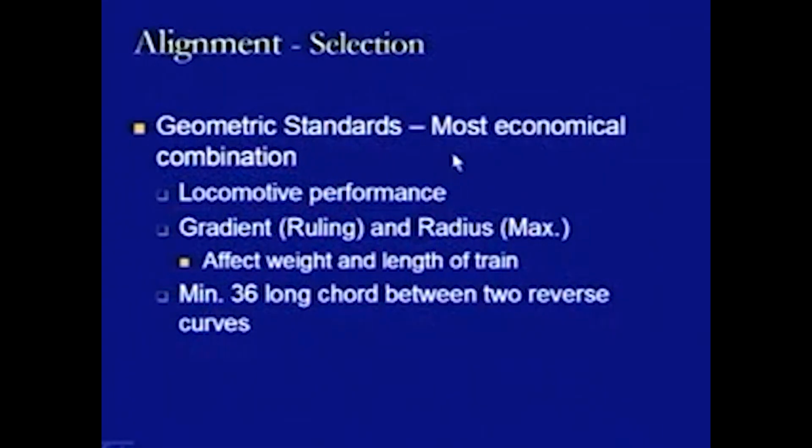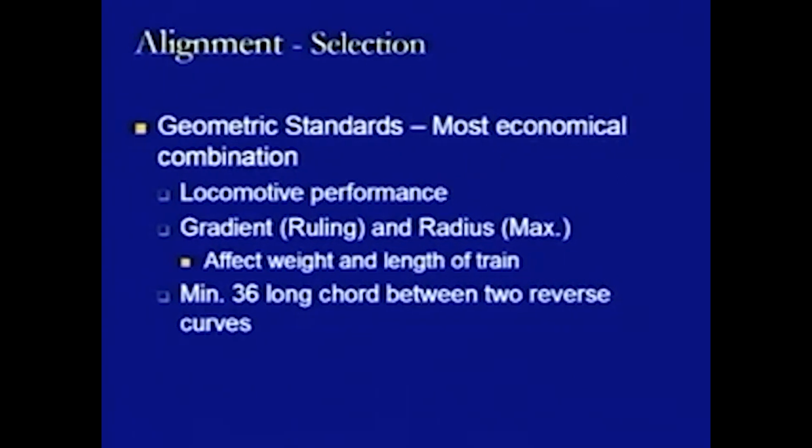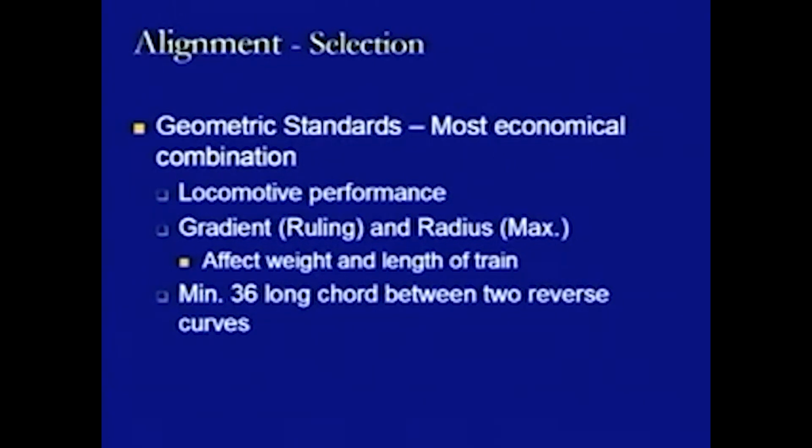Another point is the type of geometrics or the standards we are providing for that alignment. As far as possible, the standards should provide the most economical combination. The standards can be placed at any higher level, but as soon as we go to a higher level, the overall cost of providing a facility increases.